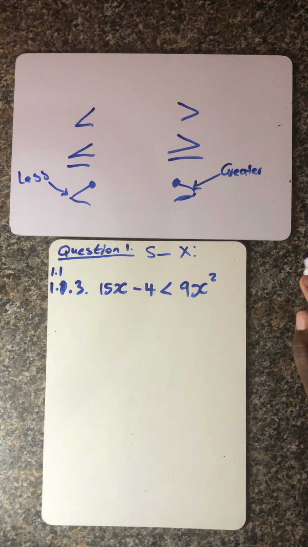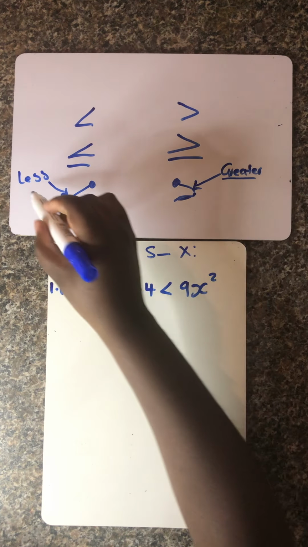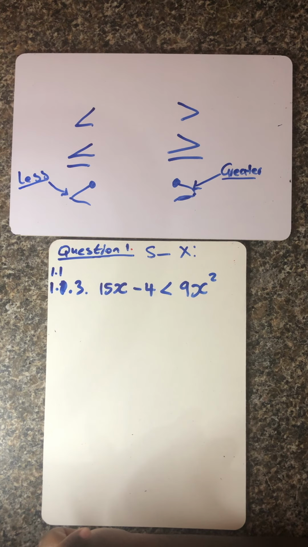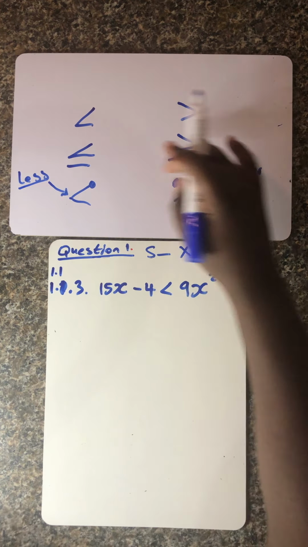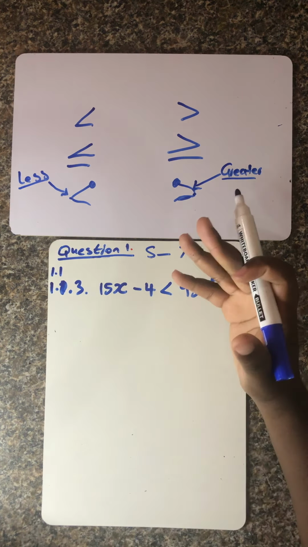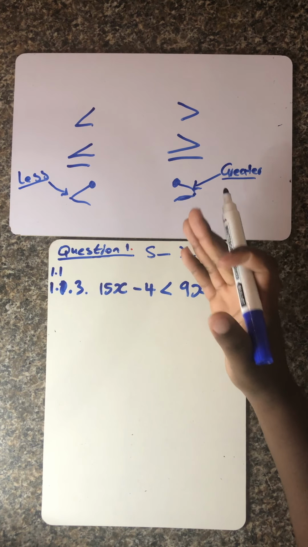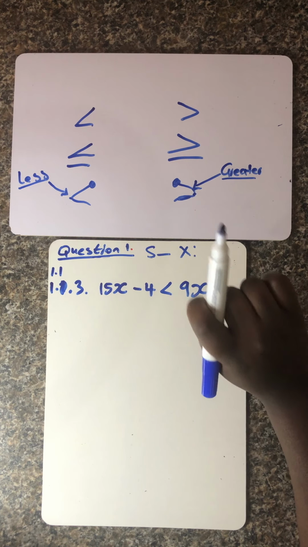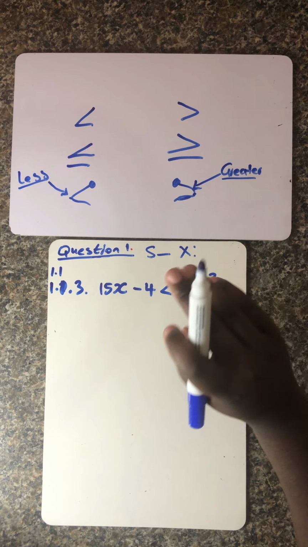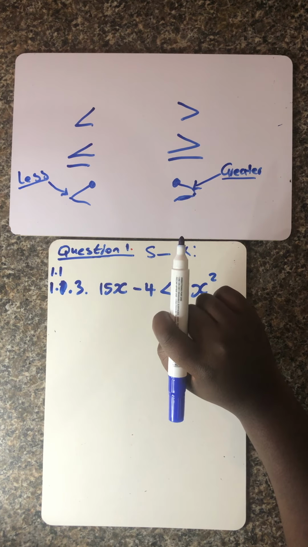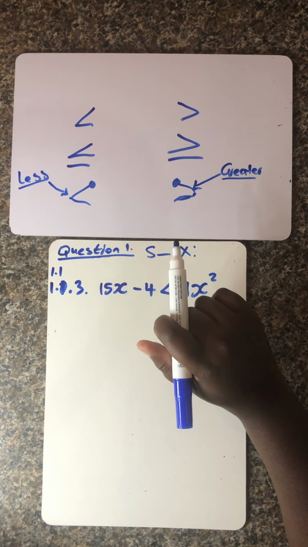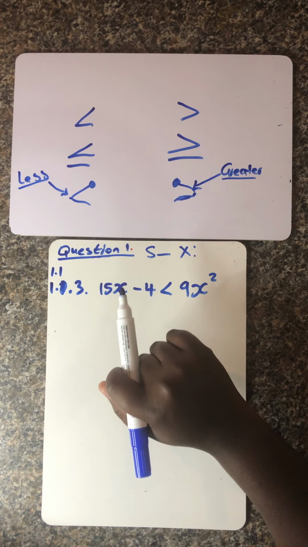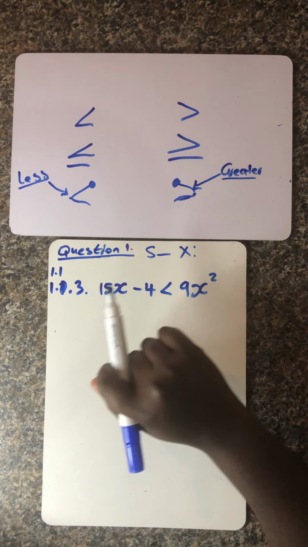So for those of you who are right-handed, this is the best way to cram these signs. You might already know these signs and not need to cram them, but when I was in lower grades, I used to struggle until I came up with a way to never be confused about which one is greater than and which one is less than.